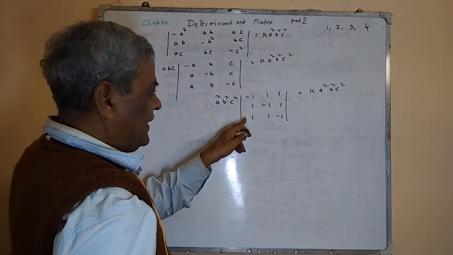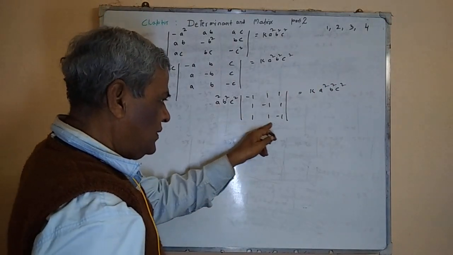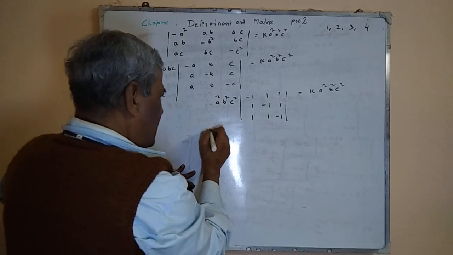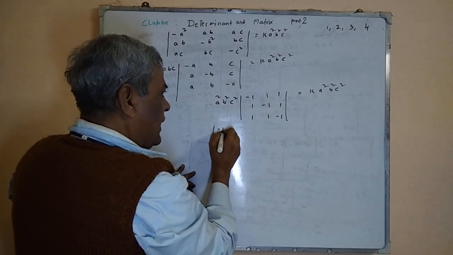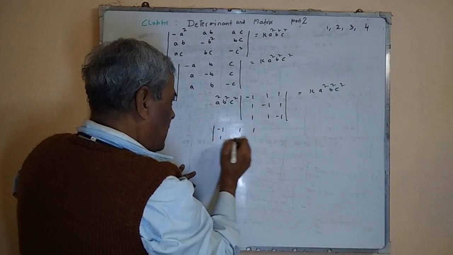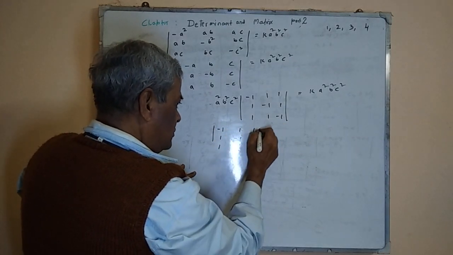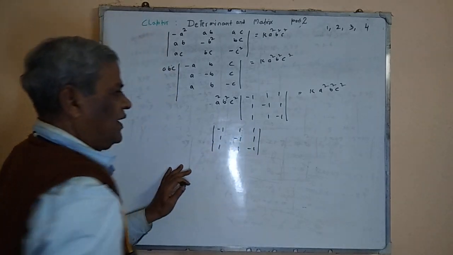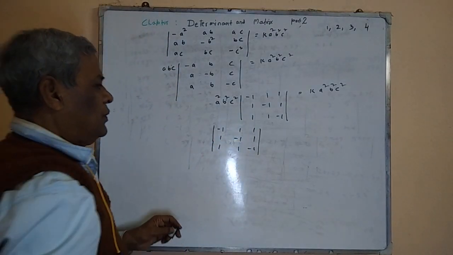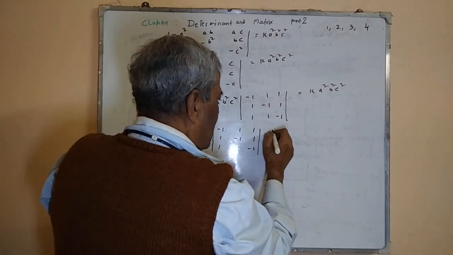Now let us try to calculate the value of this determinant, which is minus 1 1 1, 1 minus 1 1, 1 1 minus 1.